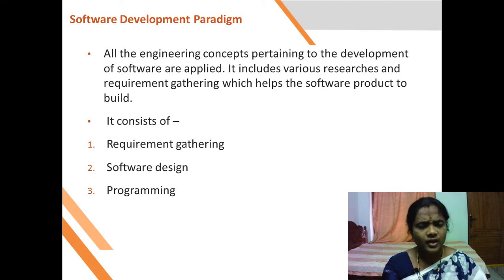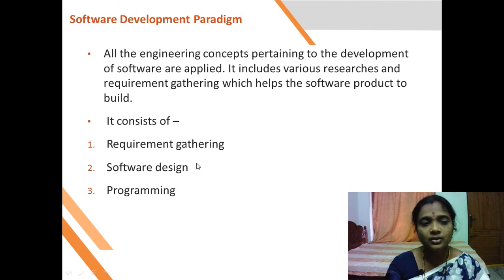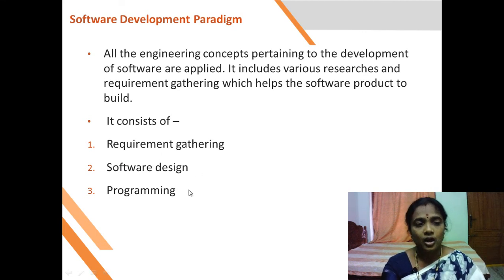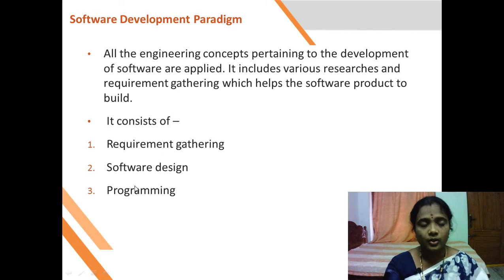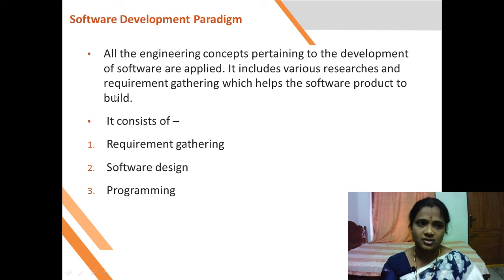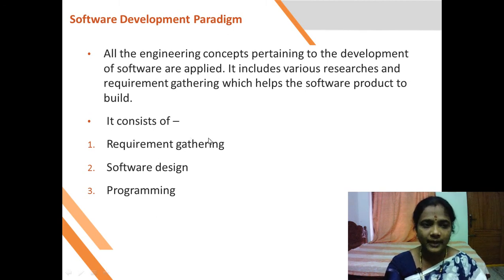After gathering, we are going to design the software project, and after designing, we are going to program, that is, develop the coding. These two are part of the software development paradigm.